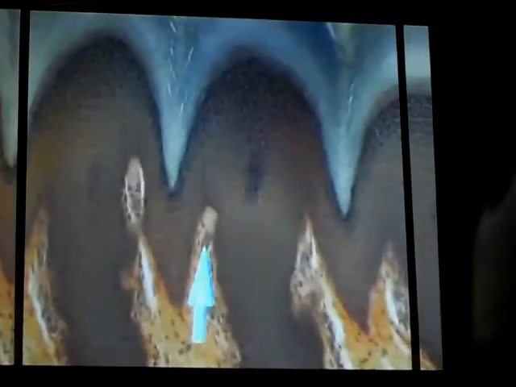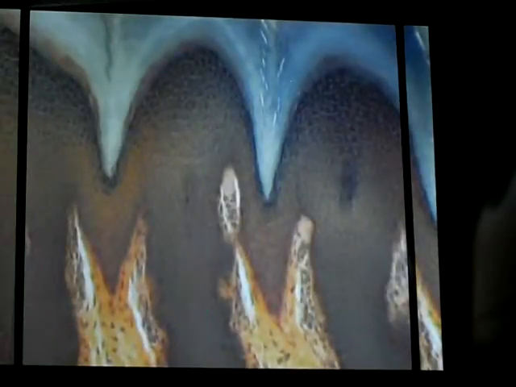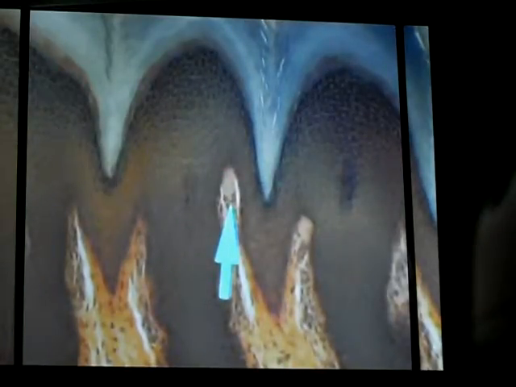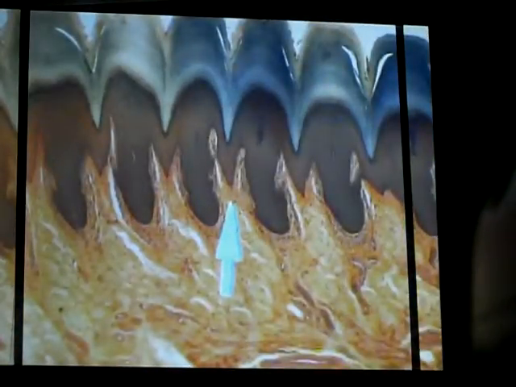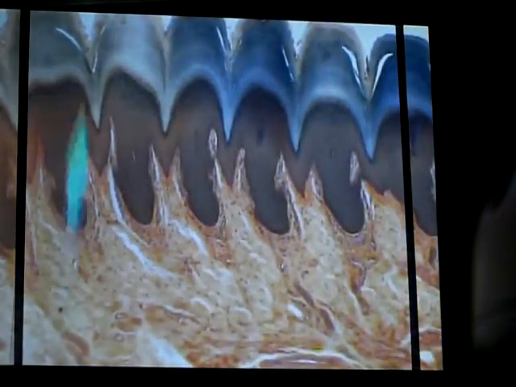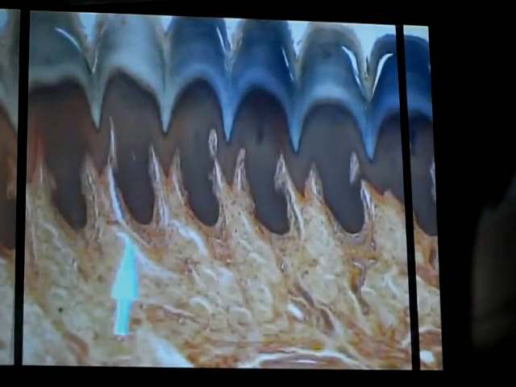Actually, since we're here, you guys remember what this structure is? Identify this structure. Yeah, Meissner's touch corpuscle. You'll notice that with your dermis, you have these upward projections of the dermis.